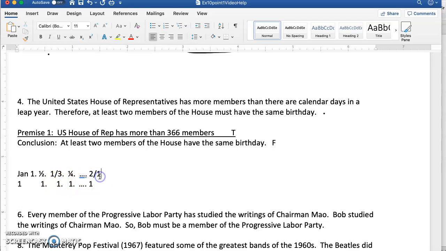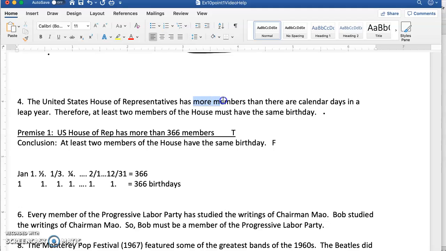Eventually, we'll end up on 12/31, and at that point, we will have had 365 days, 366, it's a leap year, and that would be 366 birthdays. So if there were only exactly 366, then maybe they could each have a different birthday.